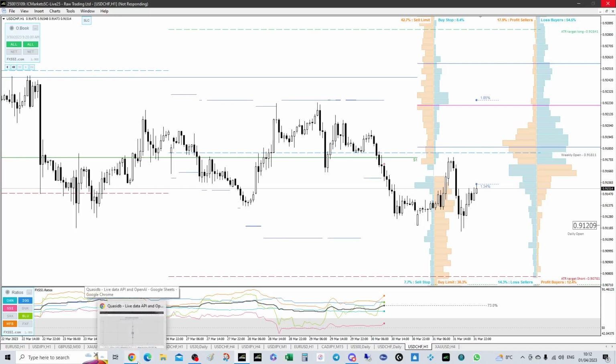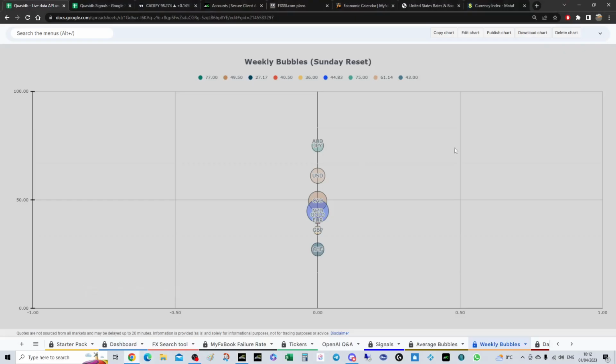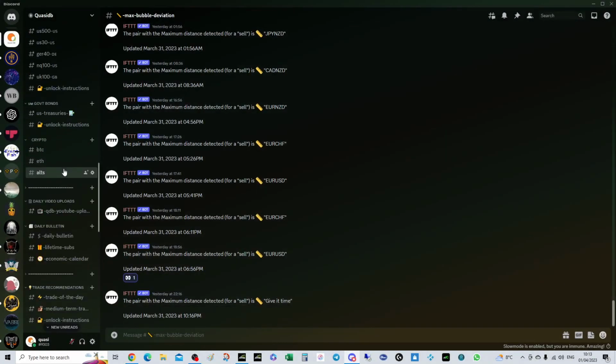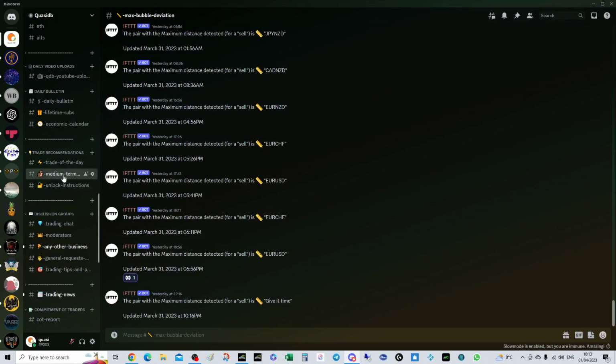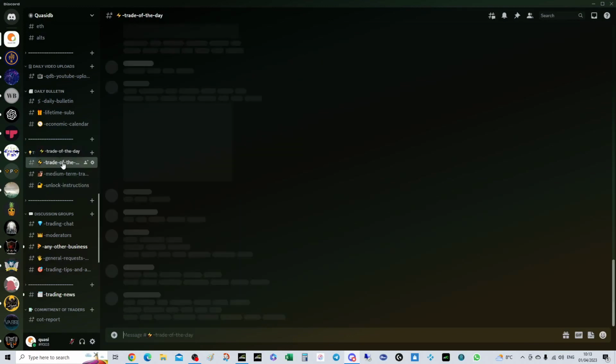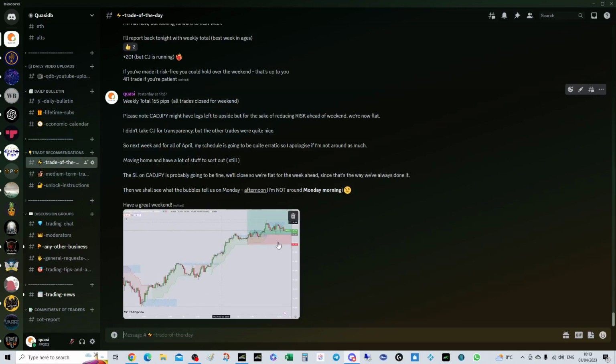Just a quick one, really, just to say there's two sides to the signals: bubbles, which is your trade of the day, and then we've got trade setups that go into here. The medium-term trade ideas are SLCs and liquidity with probes, and then you've got your trade of the day based on the bubble deviation, and then we'll use supply and demand for those as well.